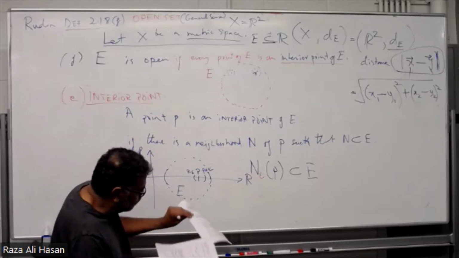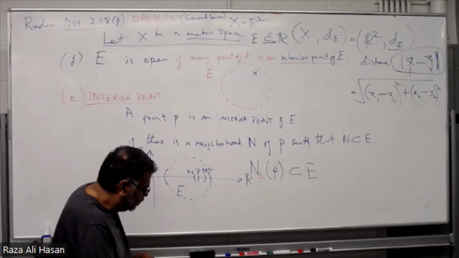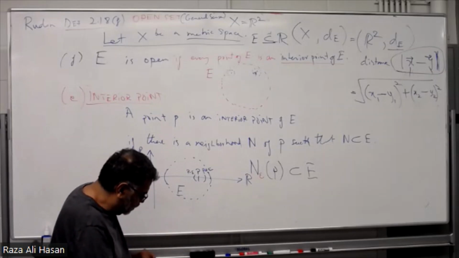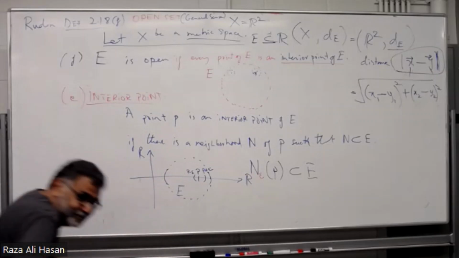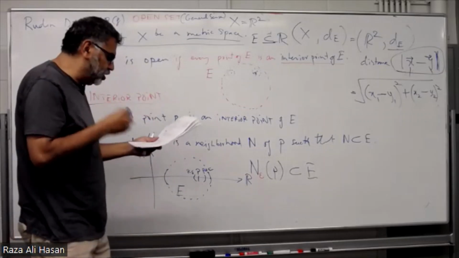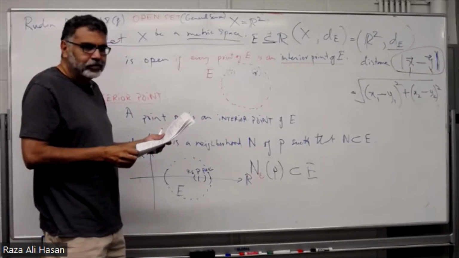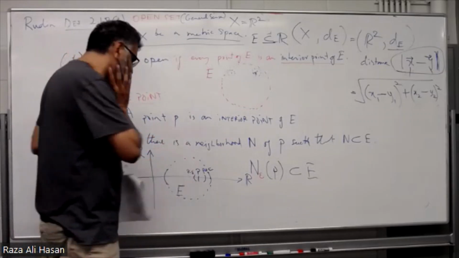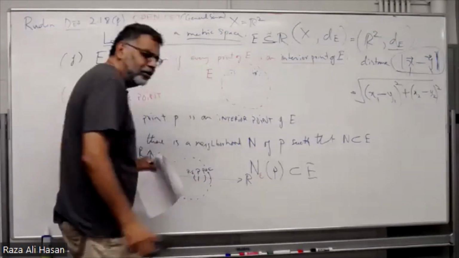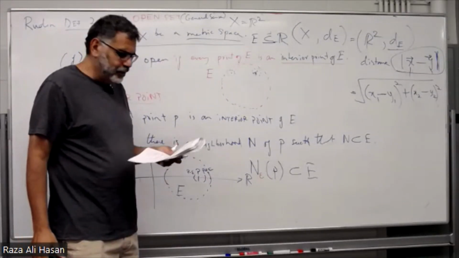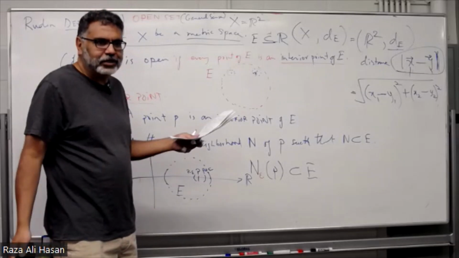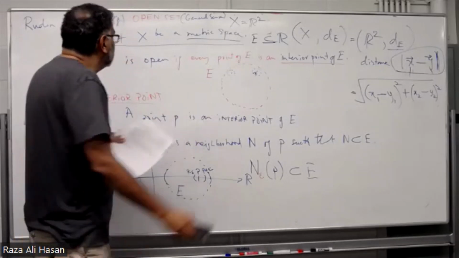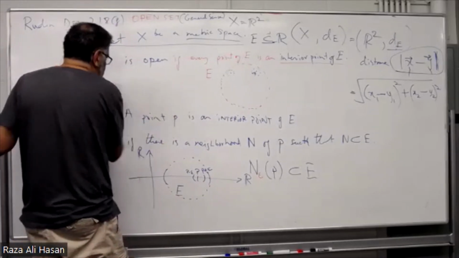Okay, let's do another. We did isolated points already. Let's do the closed set. We did open set last time, and I said something about open or closed sets.